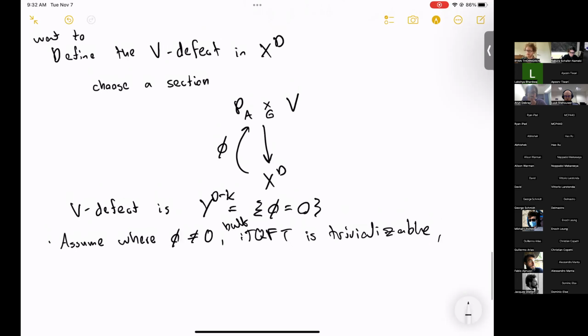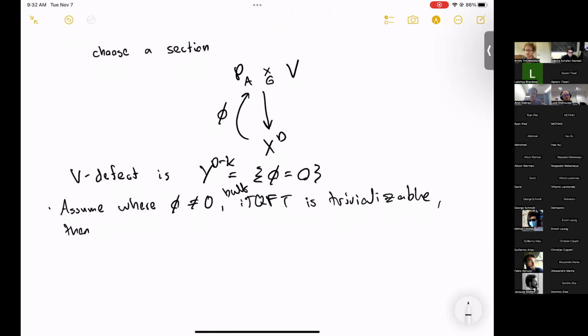Then this partition function can be evaluated.